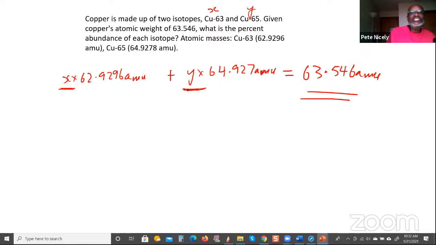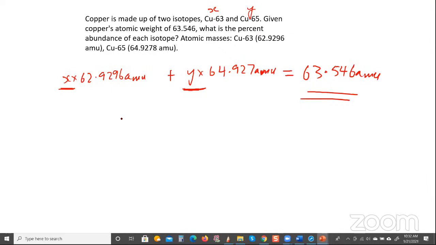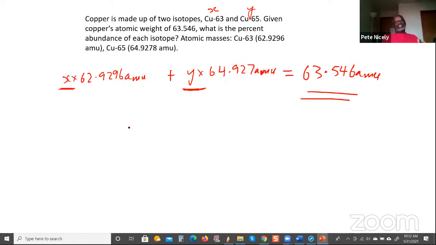So what would be the next equation that I would write down here, which relates X and Y? Well, you could make an equation to get X or Y by itself and then plug that back in. Right, but the question is, what is that equation?